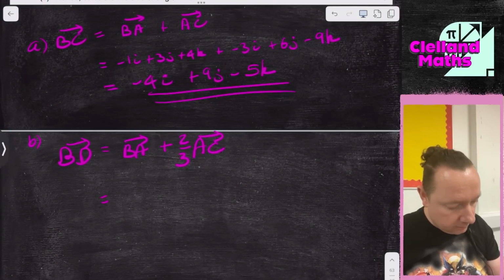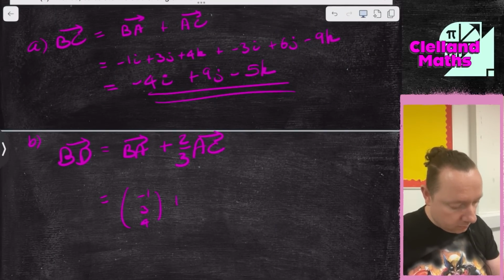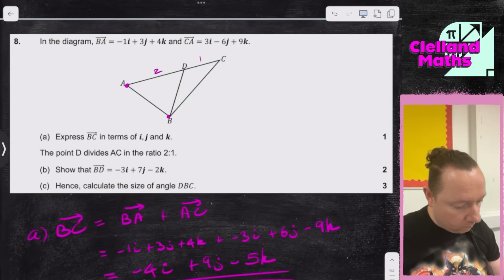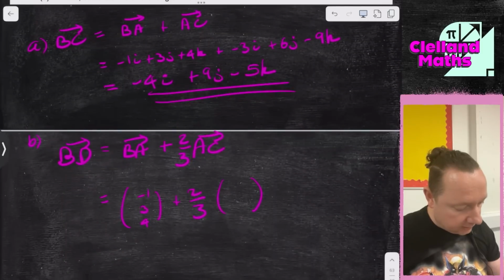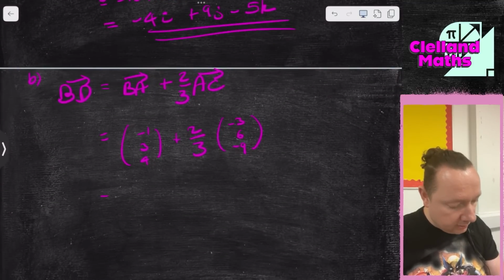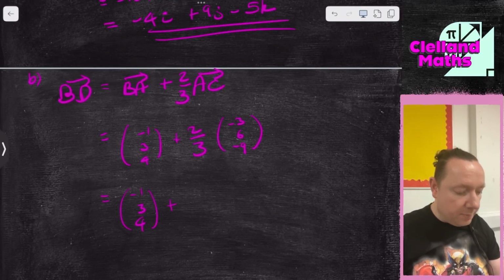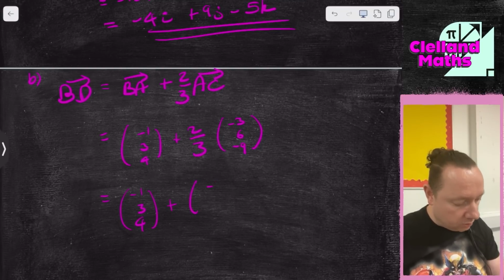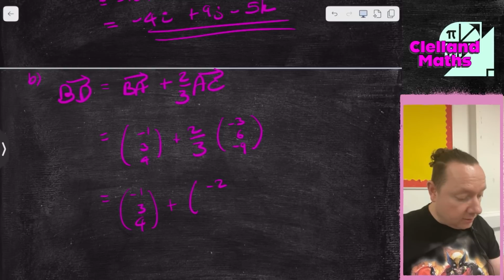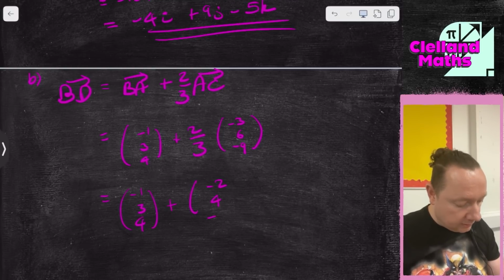So we've got BA, which we already know was -1, 3 and 4, plus 2/3 A to C, which we already know was -3, 6 and -9. We've just got it like that, so it's for clarity. So that's -1, 3, 4, plus, divide by 3 and times 2, -3, -1 times 2 is -2. 6 divided by 3 is 2 times 2 is 4. 9 divided by 3 is 3 times 2 is 6.